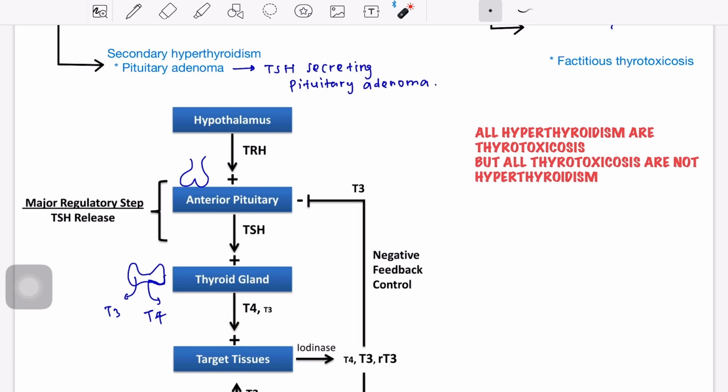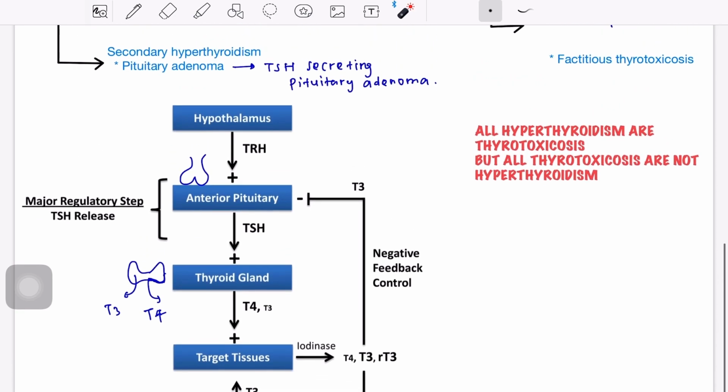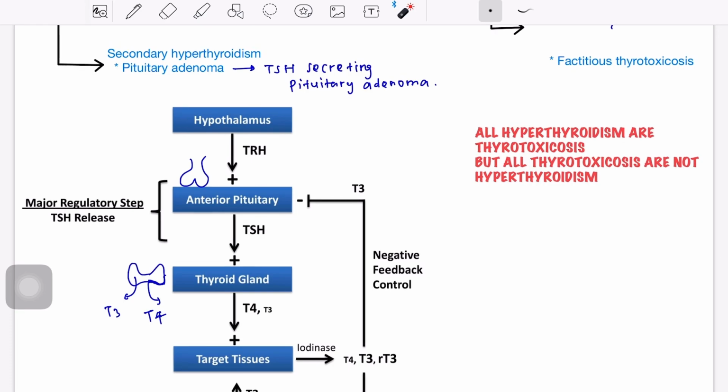But in this secondary hyperthyroidism, the thyroid gland itself looks normal. Only the TSHoma, the TSH secreting pituitary adenoma, is giving high TSH, and due to that the thyroid gland secretes more T4 and T3. The thyroid gland is normal, so that's why we call it secondary, not primary.